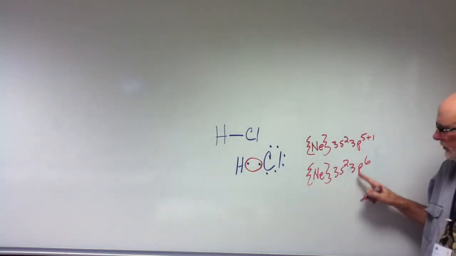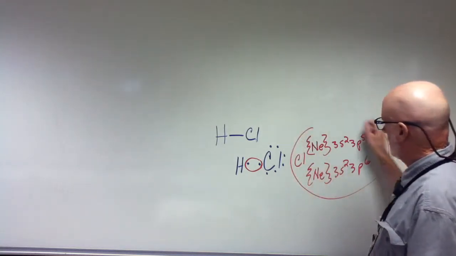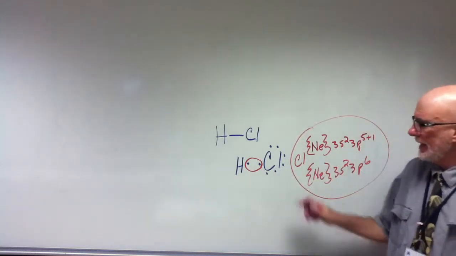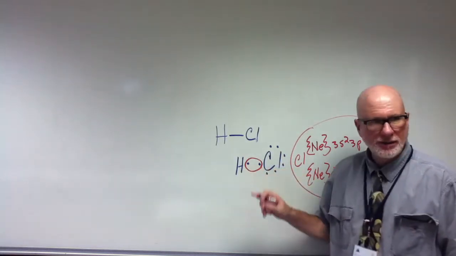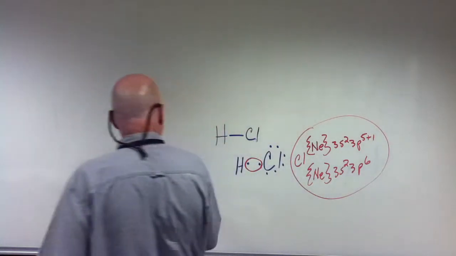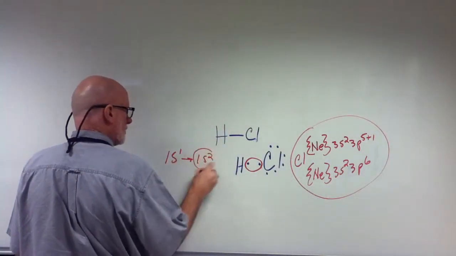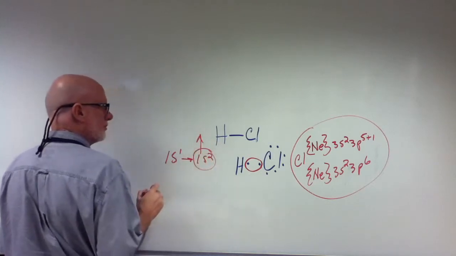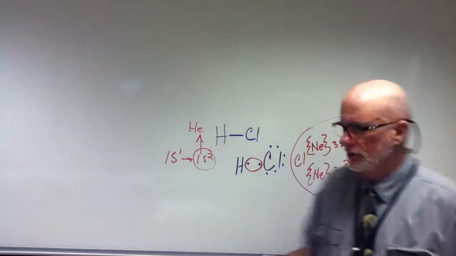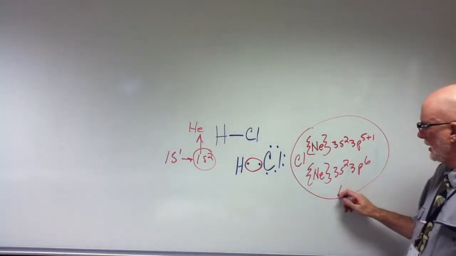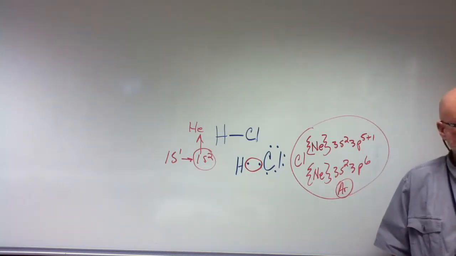This is chlorine. It's gaining an electron, so now it has 8. Hydrogen is 1s1. It'll go to 1s2, which is similar to helium, as opposed to the chlorine that is like argon. Are we all right with that?